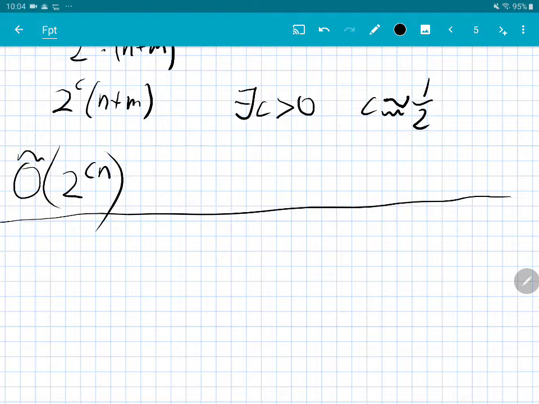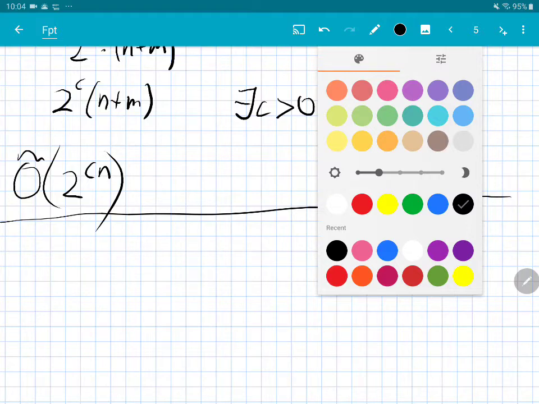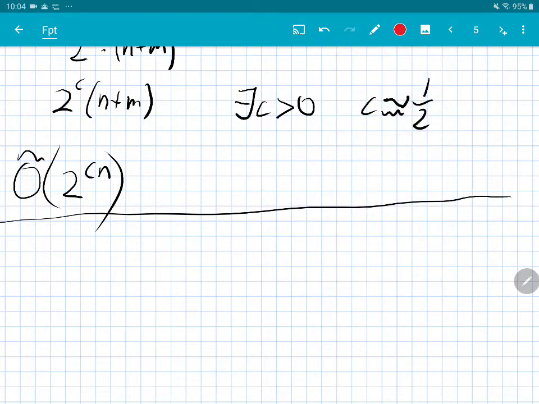And the conjecture is that the answer is no. So this is the exponential time hypothesis.